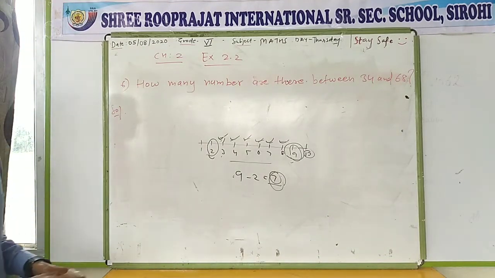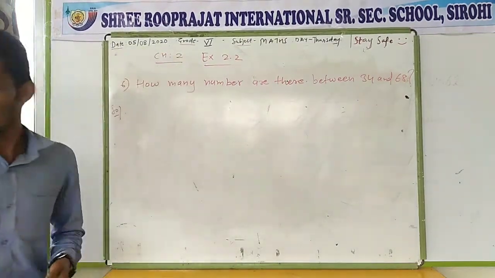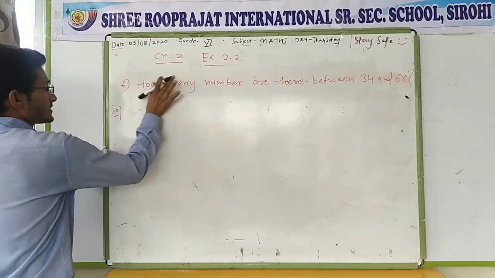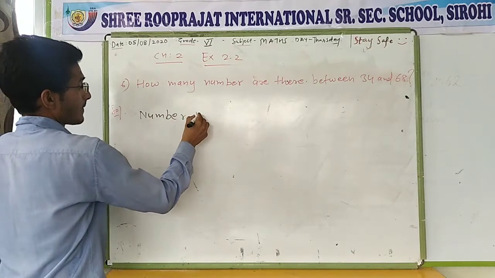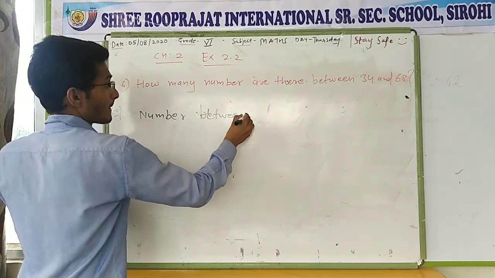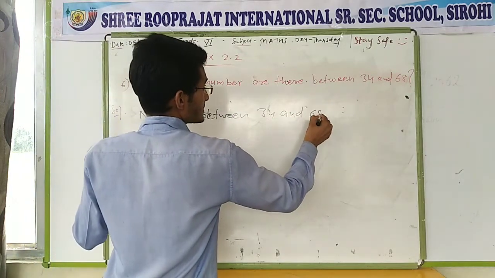How many numbers are there in between 34 and 68? So solution: numbers between 34 and 68.